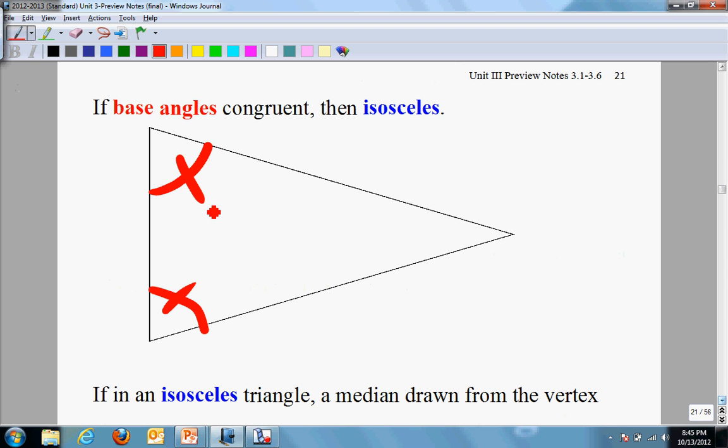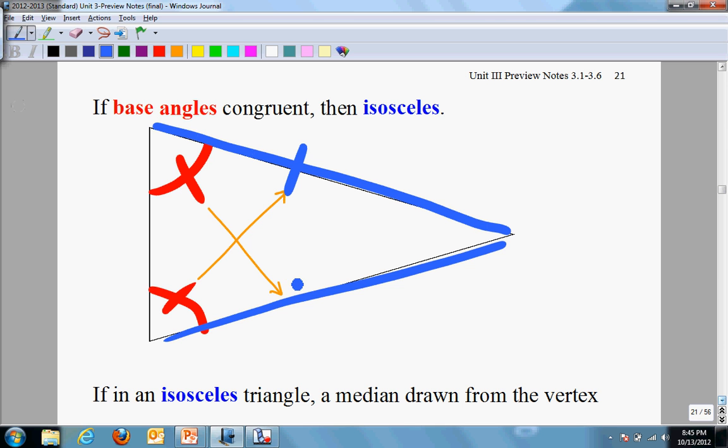Now, follow the hatch mark lightly and draw an arrow. The base angles are opposite of the congruent sides. So if base angles are equal, then it is isosceles. If two angles are equal, then it is isosceles. That's the converse.